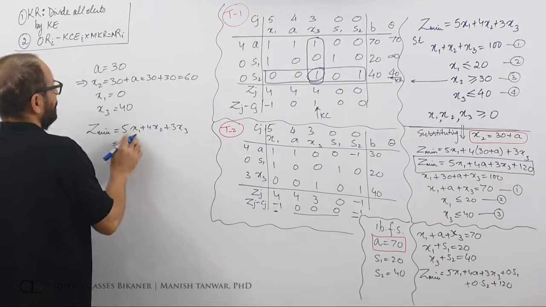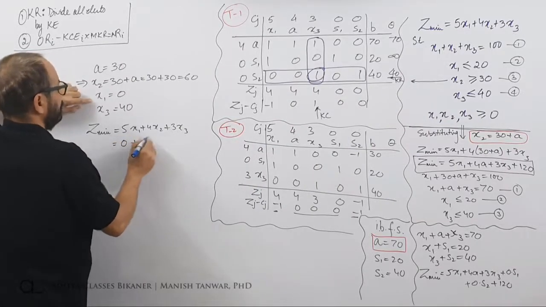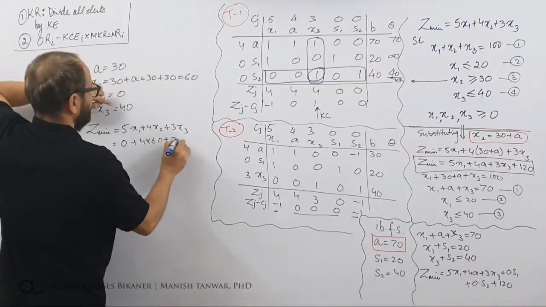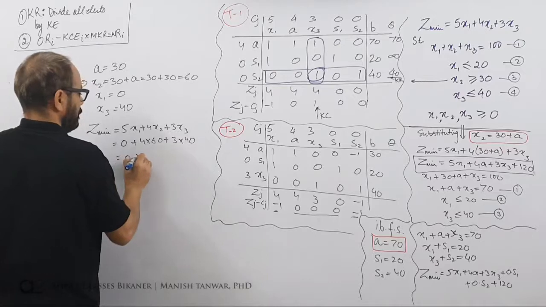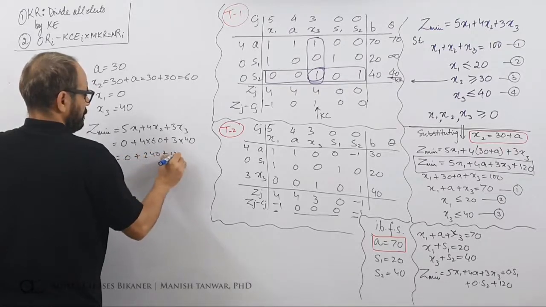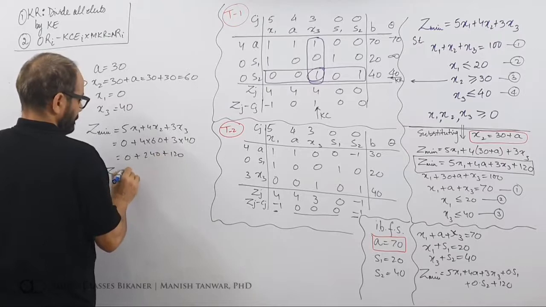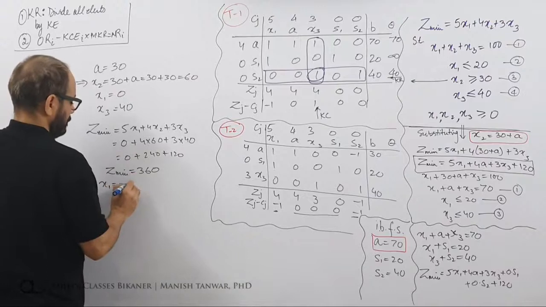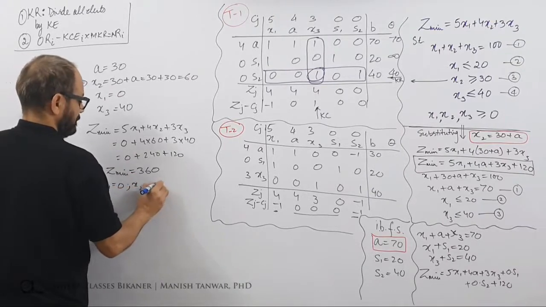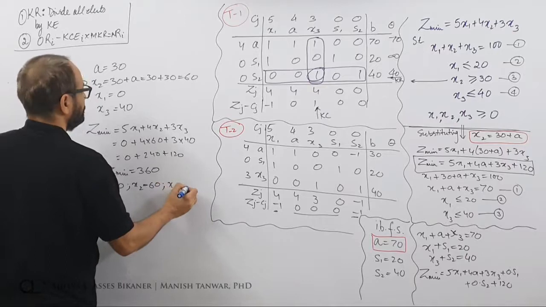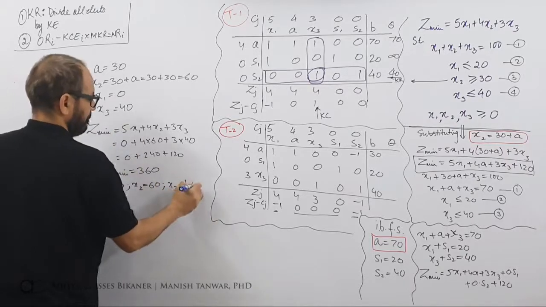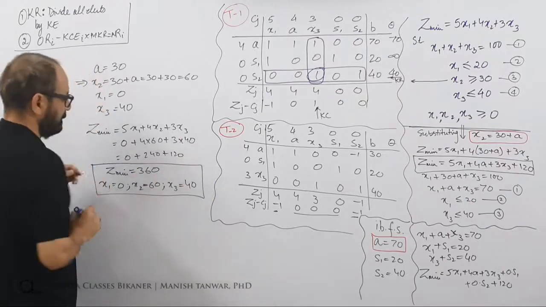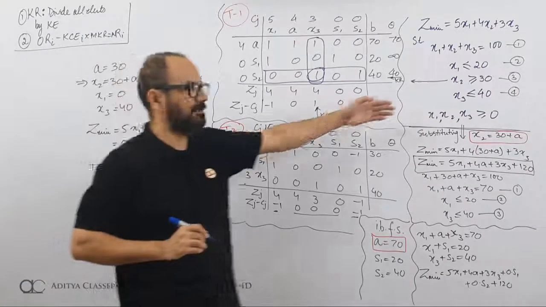What will be z min? 5 into 0 would make it 0, plus 4 into 60 plus 3 into 40, making it 0 plus 240 plus 120. Z min is equal to 360. x1 is equal to 0, x2 is equal to 60, x3 is equal to 40. This is my final solution.